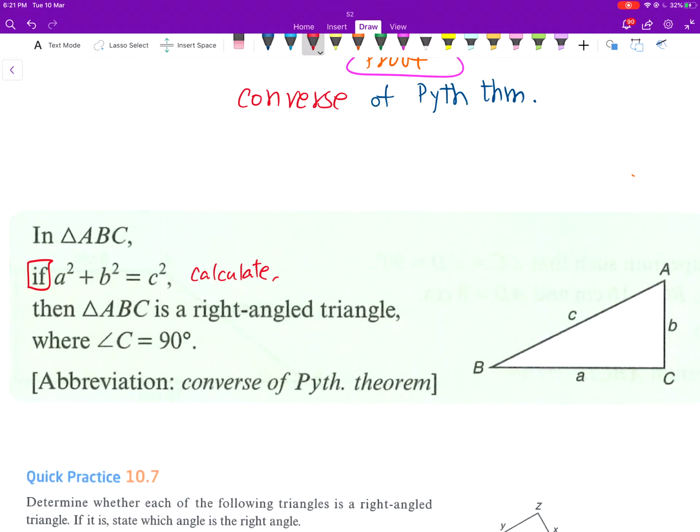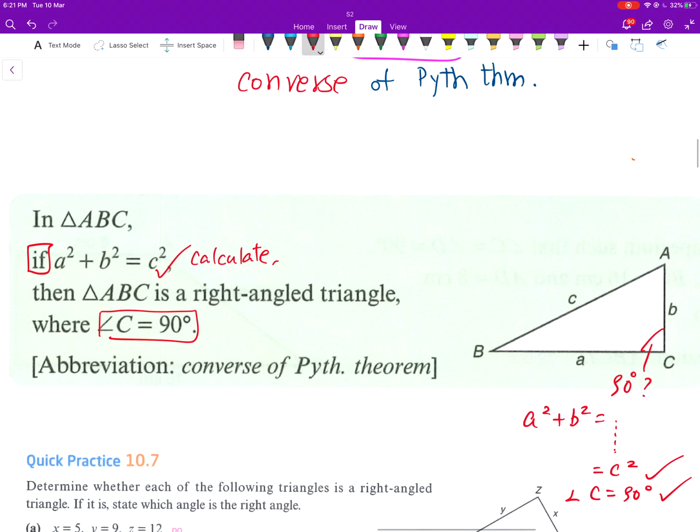If it is correct, then angle C will equal 90 degrees. So at the beginning, you don't know whether this is 90 degrees or not. If after calculation a squared plus b squared equals c squared, and this is correct, then angle C will equal 90 degrees. Okay, so this is the proof.